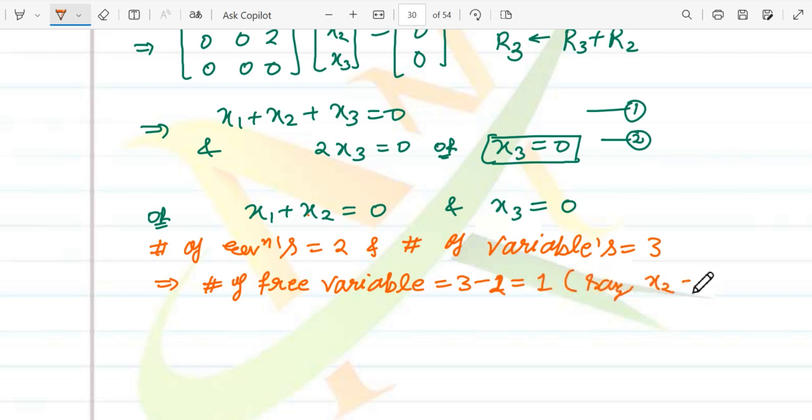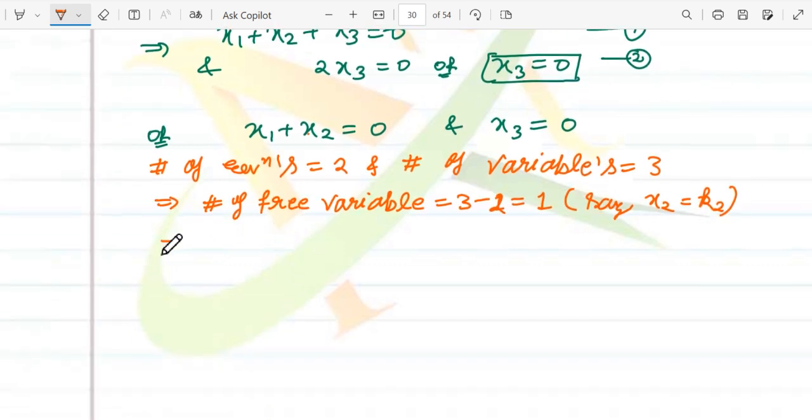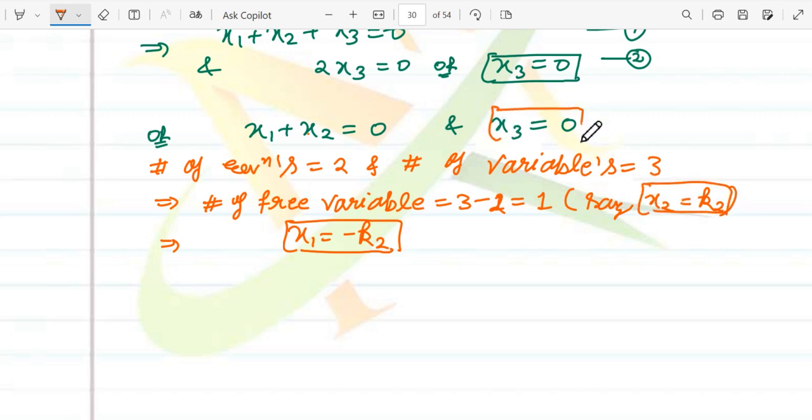Say x2 is equal to k2. This implies x1 is equal to negative k2 and x3 is equal to 0.